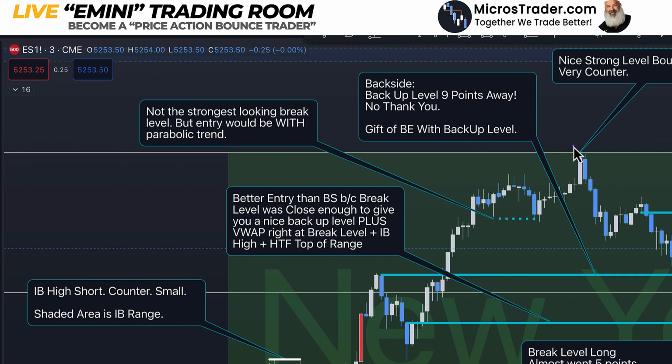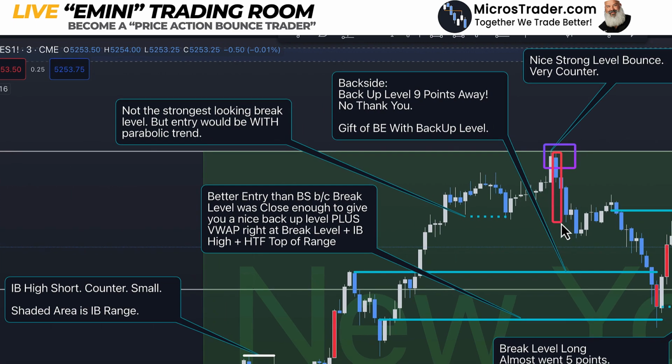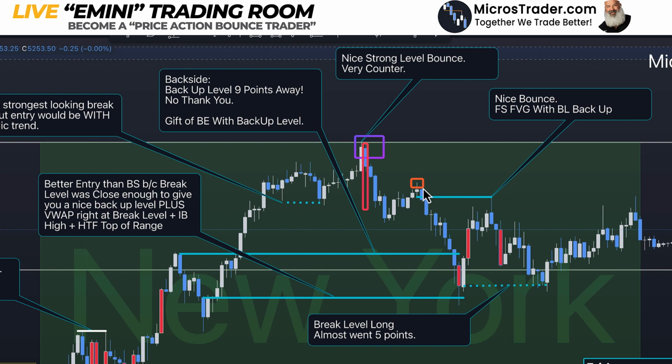Then we came up to the strong level, had a very nice reaction, and one of my traders went short here. It's a core strategy entry on a different time frame, and made 15 points. Good job, Jackie. Price comes down, and you are presented with this option here. So follow the little arrow up here.